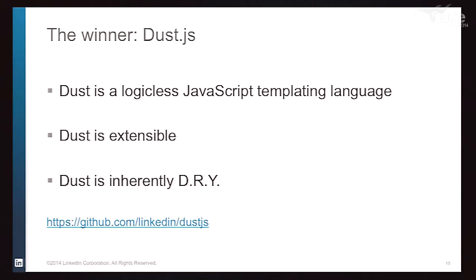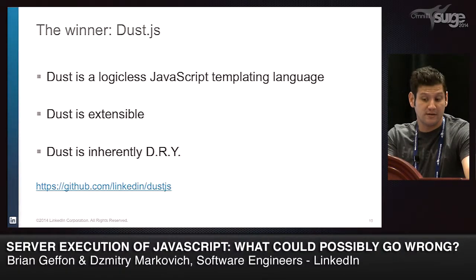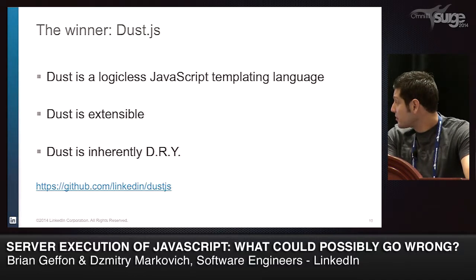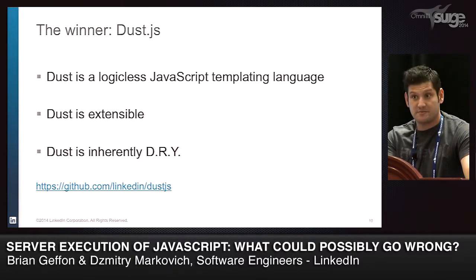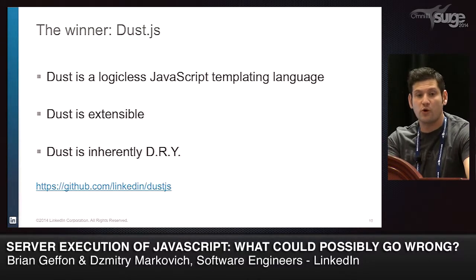Dust.js was a project we found basically abandoned, and we decided it had everything we needed to do what we wanted to do. The things that were critical for us: it needs to be logicless. We needed something that's very extensible, and we needed a language that's inherently DRY. We don't want to repeat ourselves.